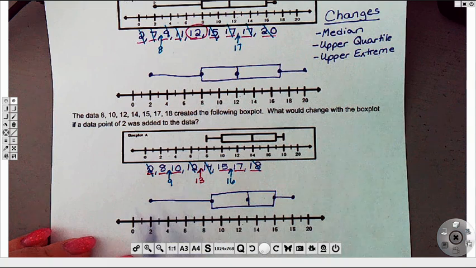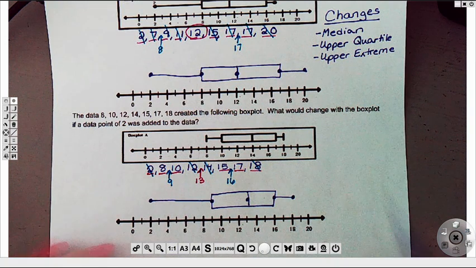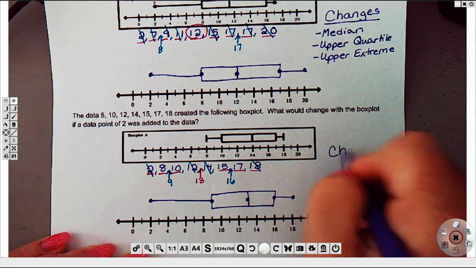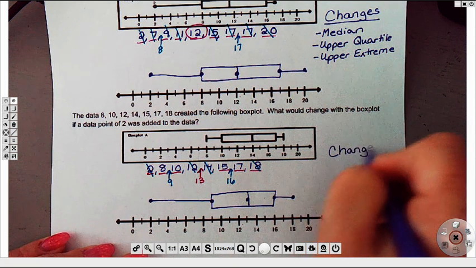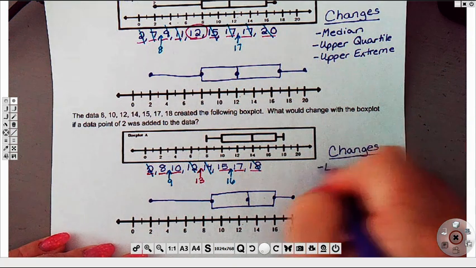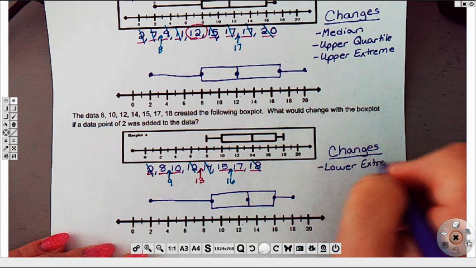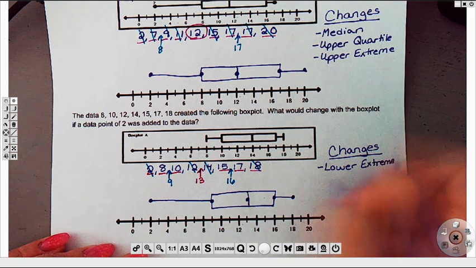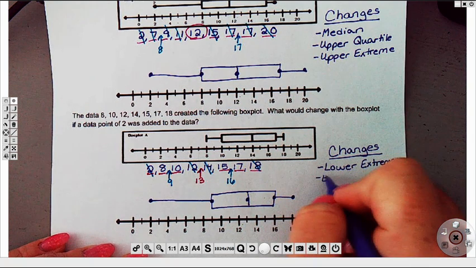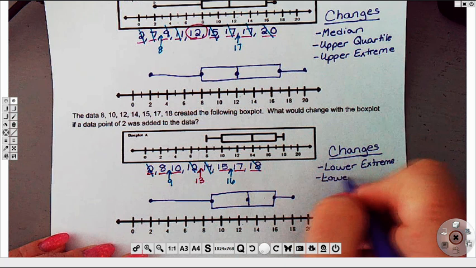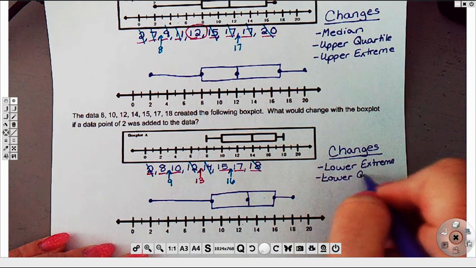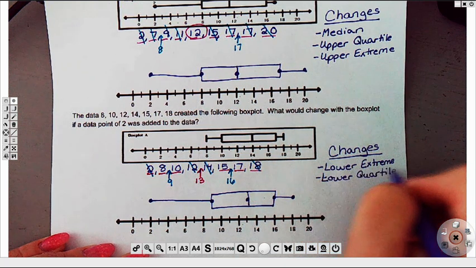So that lower whisker, or the left whisker, is stretched out much further than the way it was. So the changes that we see are the lower extreme, the lower quartile, and the median.